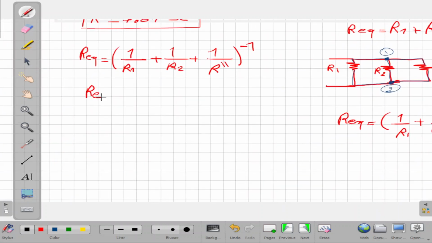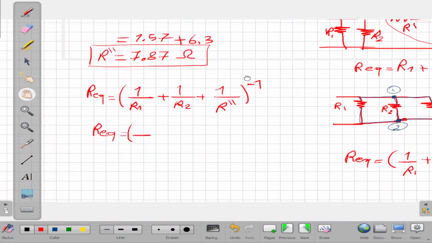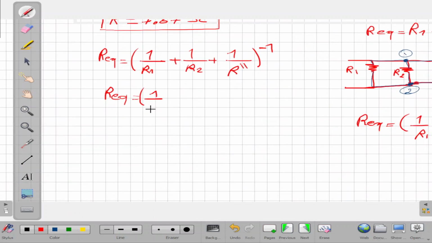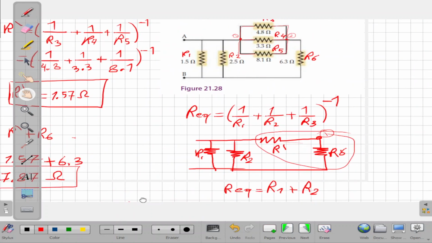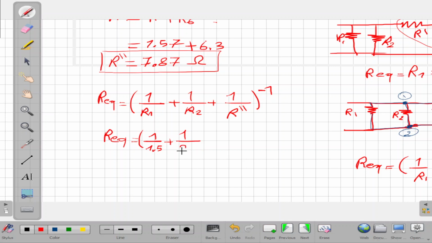Substitute the resistance of each resistor. R1 is equal to 1.5, plus 1 over R2, R2 is 2.5, plus 1 over R double prime, which we already calculated in the previous step, and whose value is 7.87. Plug these values in the calculator, and don't forget to raise it to the power minus 1. You will get the equivalent resistance of the whole electric circuit, which is equal to 0.84 ohm.